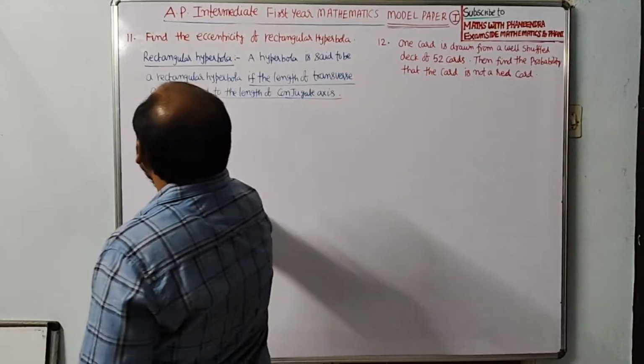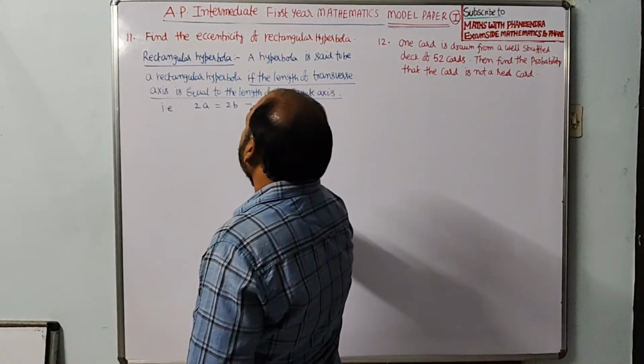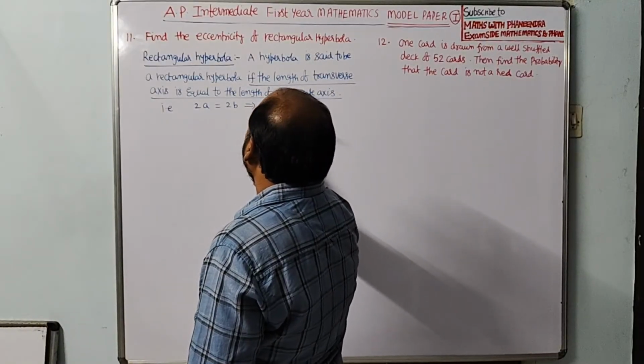That is, length of transverse axis 2a equals length of conjugate axis 2b. That implies that a is equal to b.